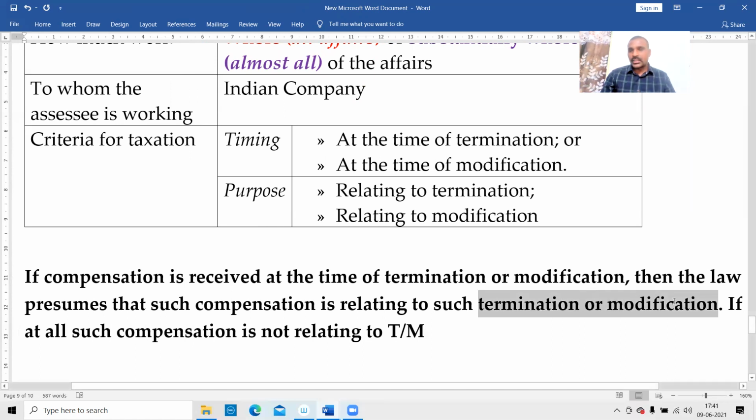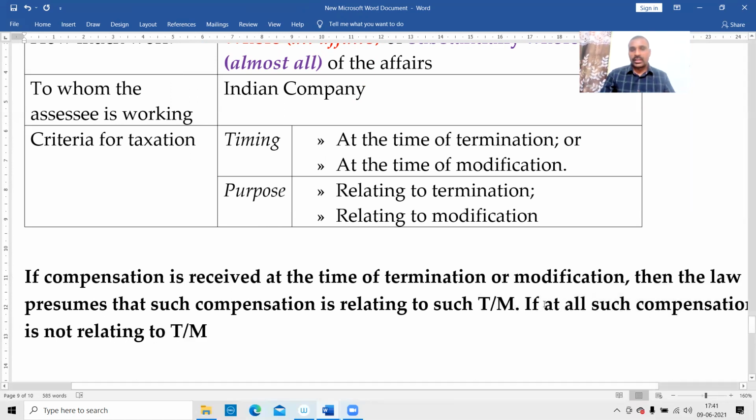If at all such compensation is not relating to termination or modification, okay.